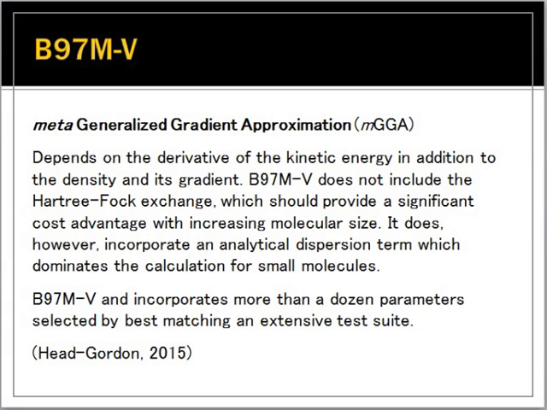So this very simple functional has a very strange cost behavior. If you go to a very small molecule, this is very expensive because of this dispersion correction, that it completely is dominated by that. If you go to a large molecule, which would normally be dominated by the Hartree-Fock part, this becomes very efficient.